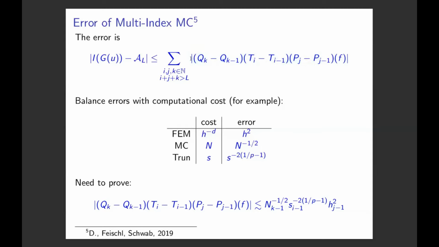We don't want the error to be a sum of the errors arising from those operators Q, T, and P, but we want it to be of product form. So we want to have that the error is just a product of the three terms arising here with the appropriate indices k, i, and j. So we want to prove an error of this form here.